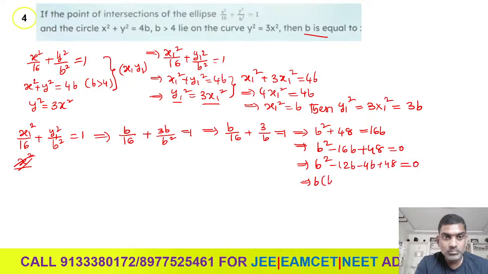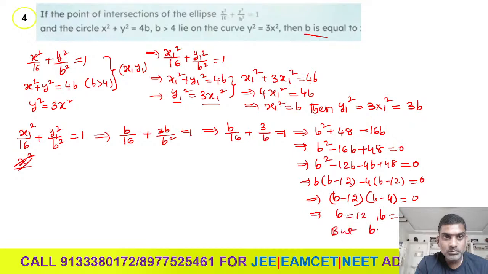Then b times b minus 12 minus 4 times b minus 12 equal to 0. Then we can get b minus 12 times b minus 4 equal to 0. So we get b equal to 12 and b equal to 4. But here b is not equal to 4 because b must be greater than 4.